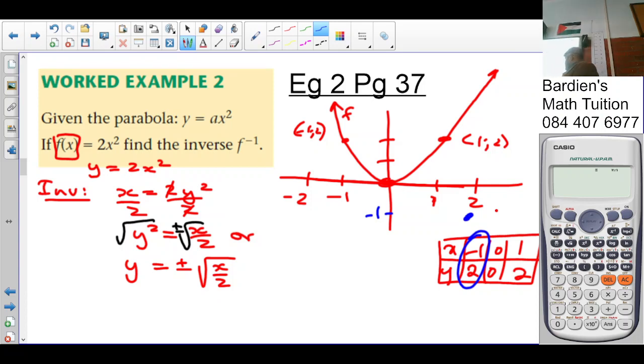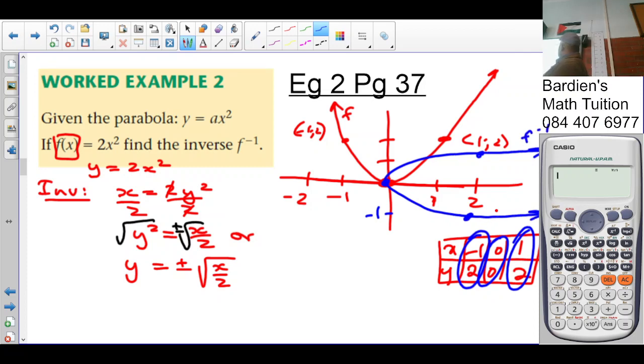But anyway, 0 and 0 becomes 0 and 0. 1 and 2 becomes 2 and 1. Can you see that, people? There is that graph. And this is your inverse graph. It's actually not a function, but it's the inverse graph. Why is it not a function? It does not pass the vertical line test. A commonly asked question.